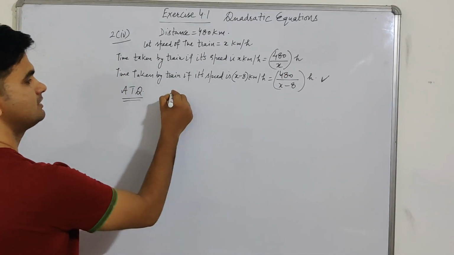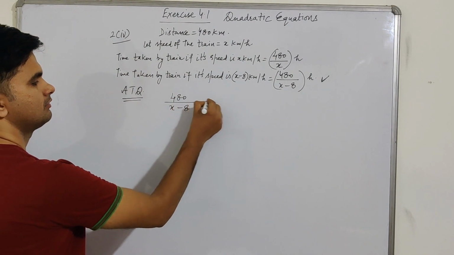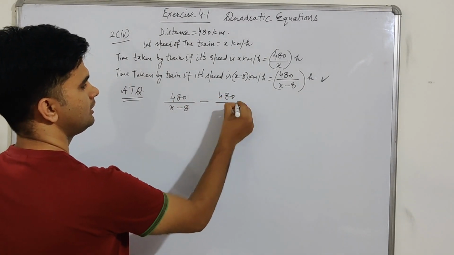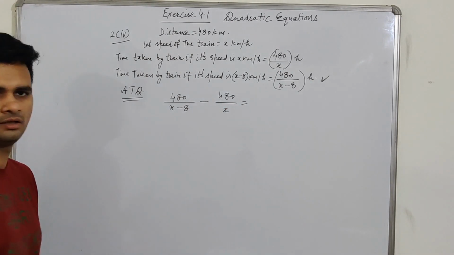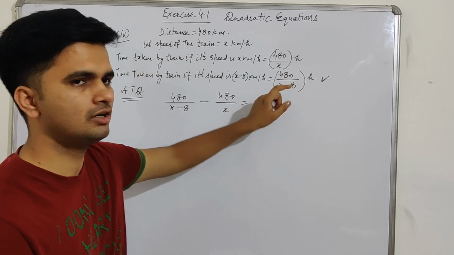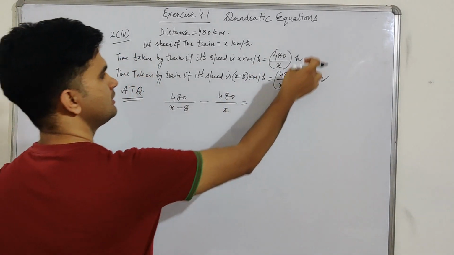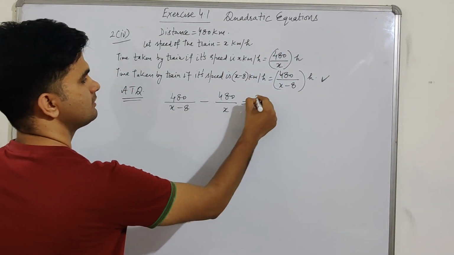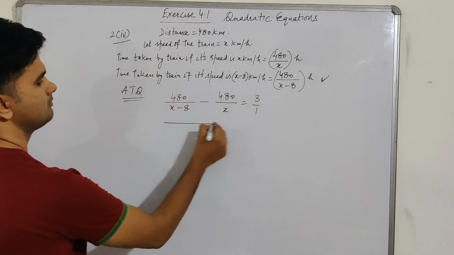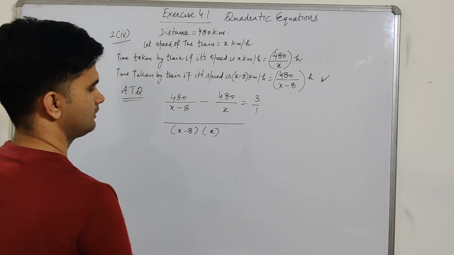It means the difference between 480 upon x minus 8 and 480 upon x, it is given in the question, it would have taken 3 hours more to travel the same distance. It means the difference between these two times is equal to 3 hours. Now the LCM of x minus 8 and x.